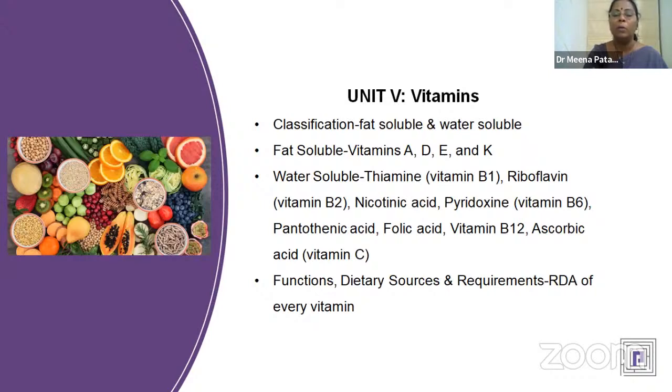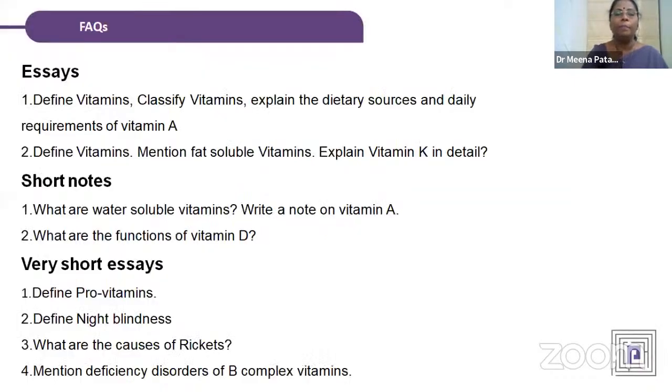Folic acid is also important for the production and maintenance of red blood cells in the body, and thereby it is one of the important factors. These are the important vitamins to prevent anemia. Then ascorbic acid, vitamin C. For all the above vitamins, you will be studying their functions, dietary sources, and requirements as per the RDA.